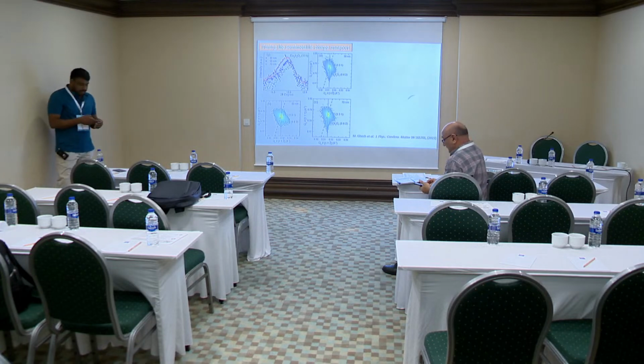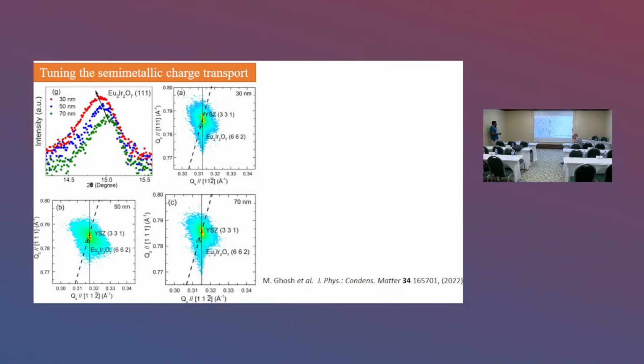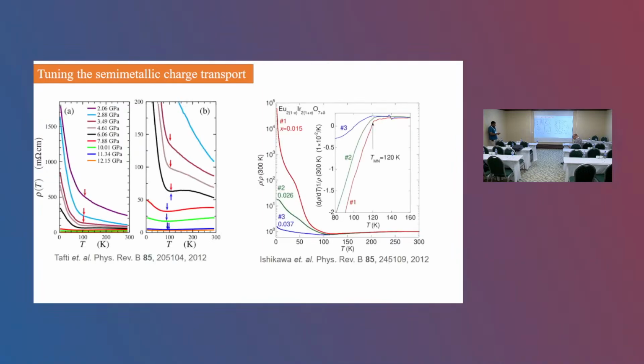The thing is that the sample has a lot of sensitivity to the iridium, Ir. If you go to the earlier report, you see that the iridium content is changing from 1% to 3%, and the resistivity drops from 10 to the 4 to 1.